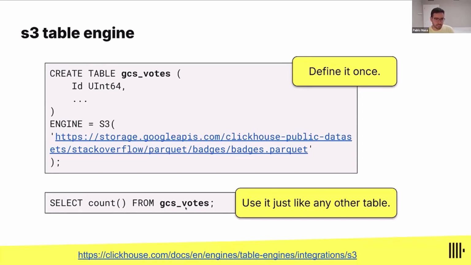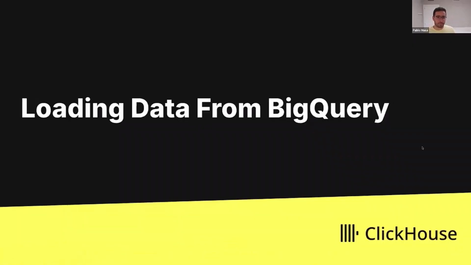But GCS votes is not a table with data in ClickHouse, it is a table pointing to GCS. So it's going to go to GCS with all the details that you provide here, get the data, do the count, and provide you with the result.